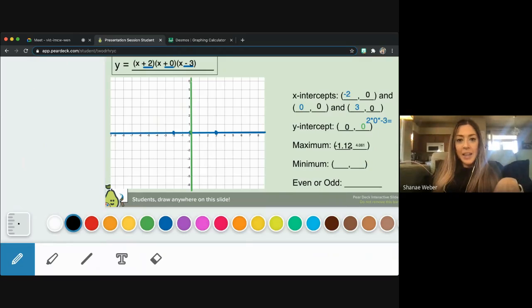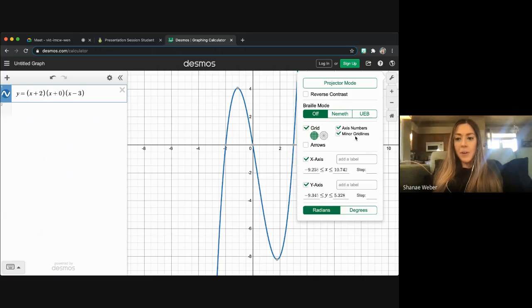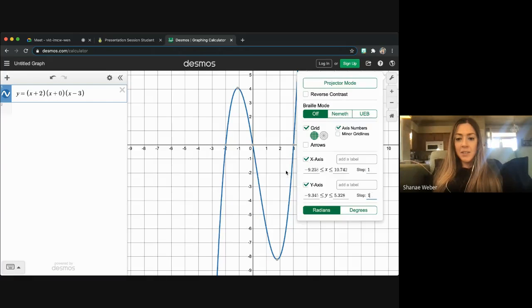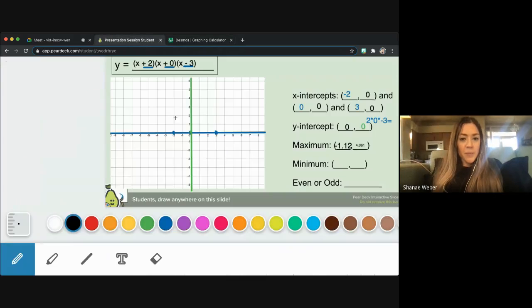It looks like it is right at negative 1 and just a little bit above 4. By the way, if you want to change these, you can. Right at negative 1, a little bit above 4. Here we go.